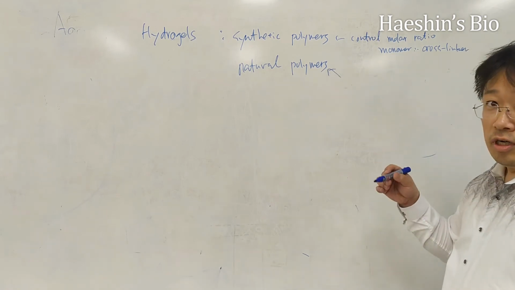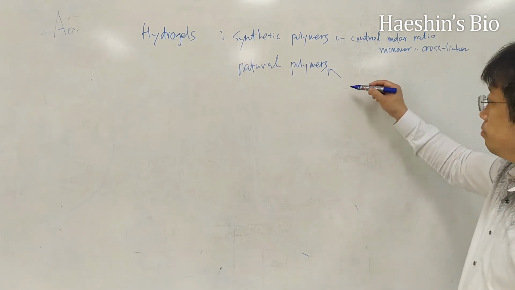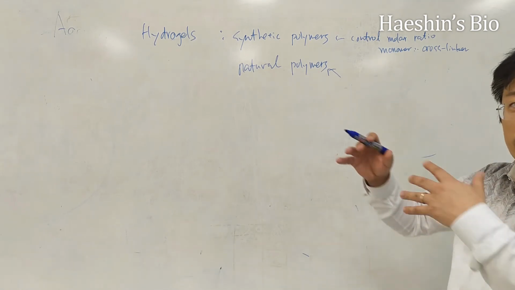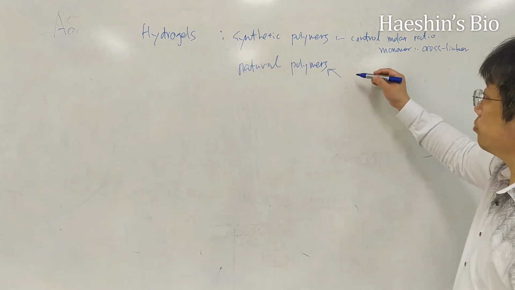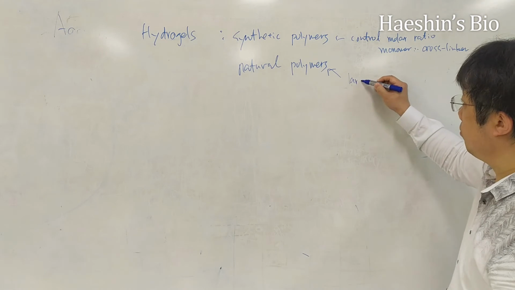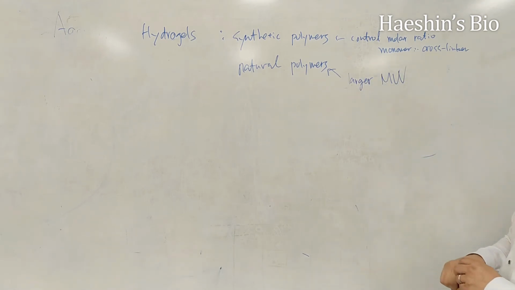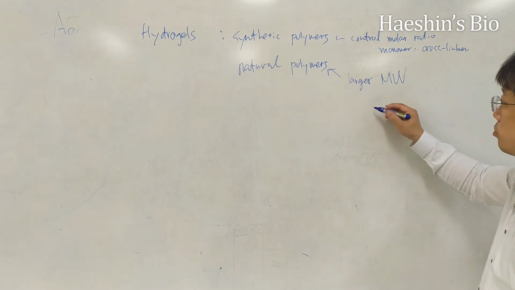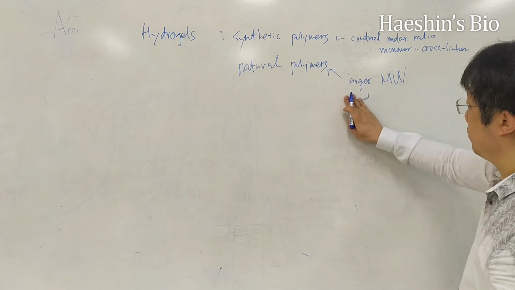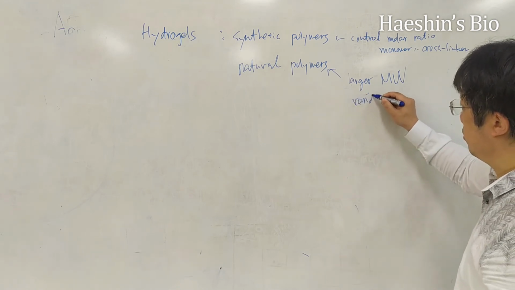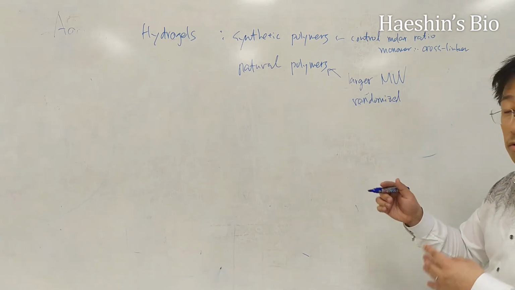The natural polymer is a little bit different because the polysaccharide chain itself is a very, very large molecule compared to the synthetic one. So it has larger molecular weight compared to the synthetic polymer, and then also somehow it is randomized in the physical cross-linking.